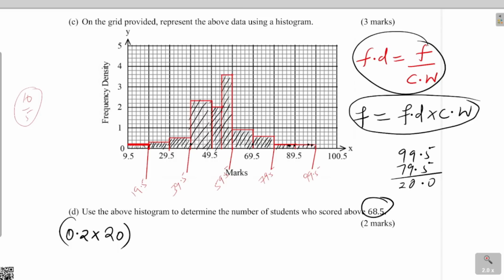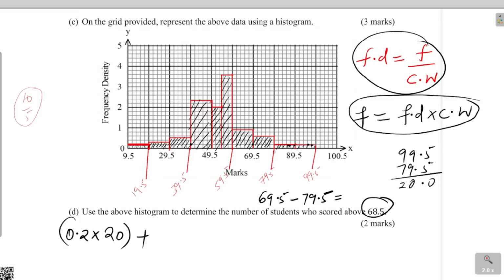And then the next one is from 69.5 to 79.5. Now I want you to check this: how many students are there? From this point, 69.5 to 79.5, we add the number of students who are there.